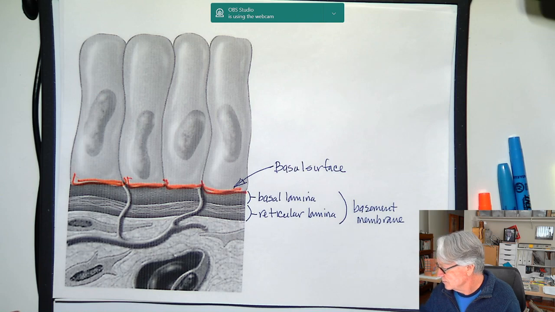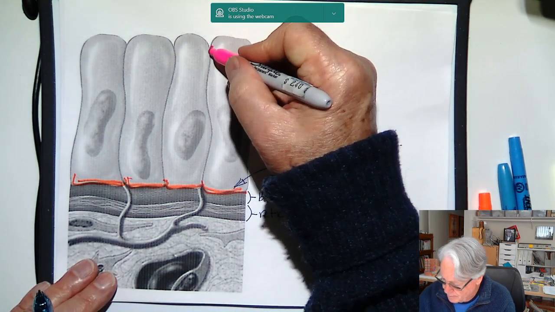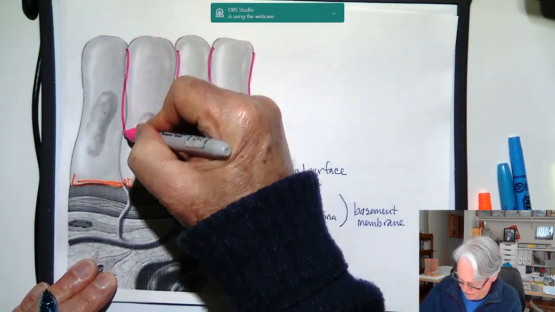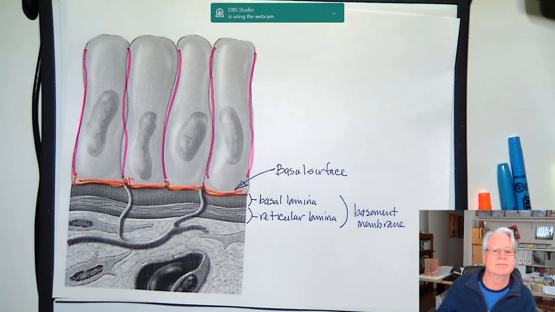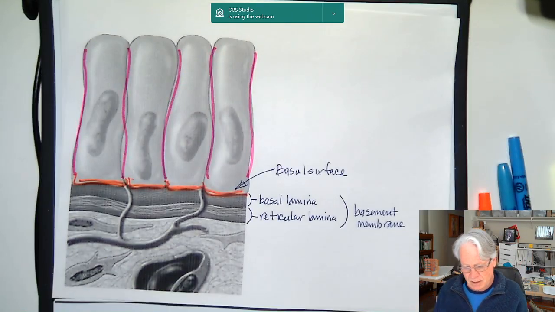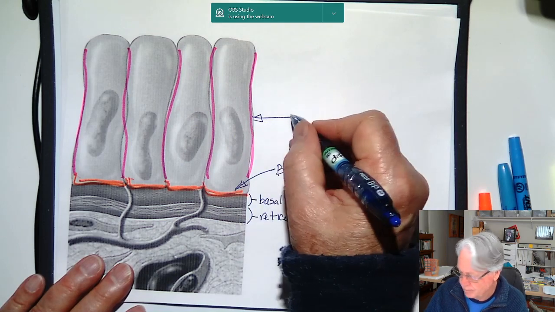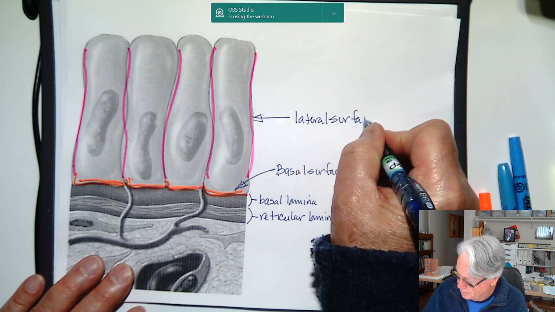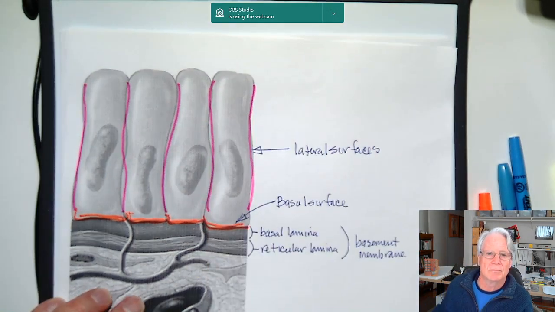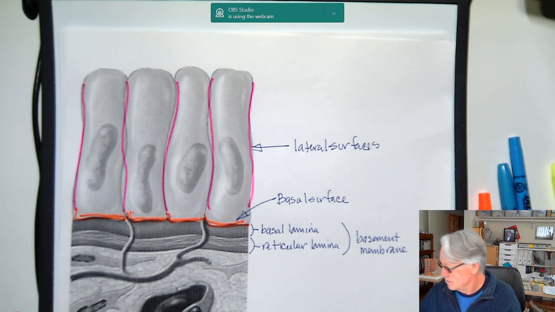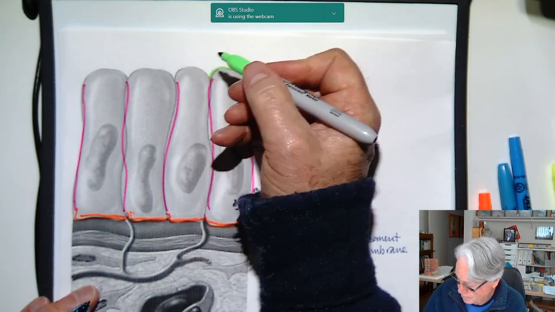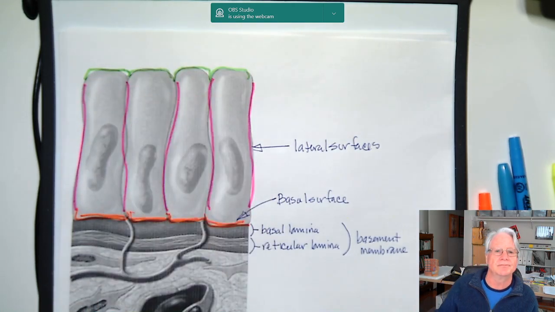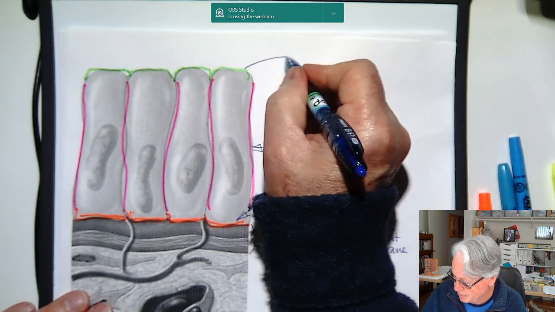We have these surfaces, and those would be our lateral surfaces. And then, as you can see, we have the apical surface.